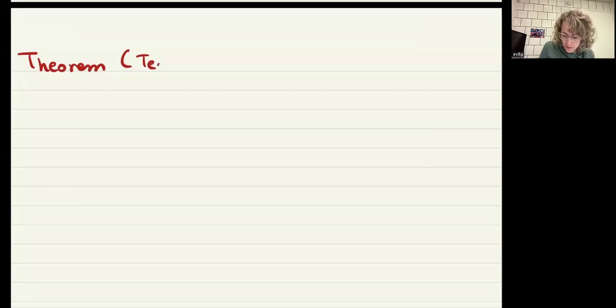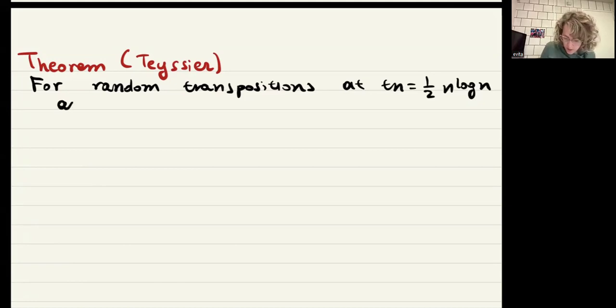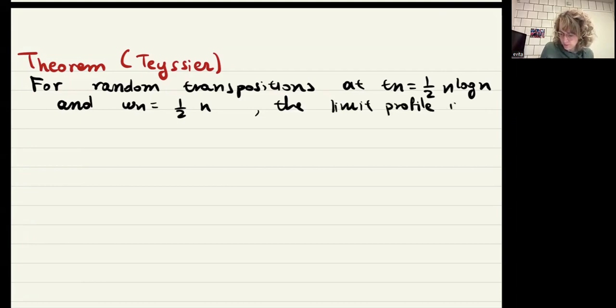So the first theorem is due to Luca Tessier, and he proved that for random transpositions, at the cutoff time, and the window time to be 1/2 n, the limit profile is a total variation distance.